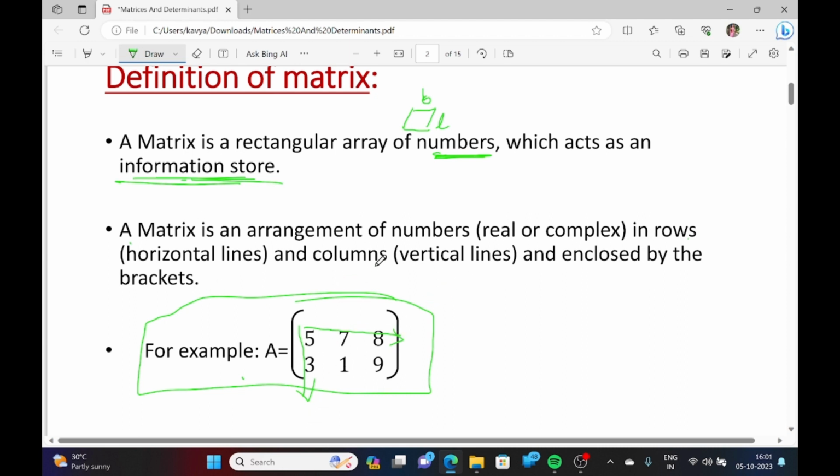The numbers may be real or complex, arranged in rows and columns, and enclosed by brackets. These are the two enclosing brackets. Okay, this is called a matrix.